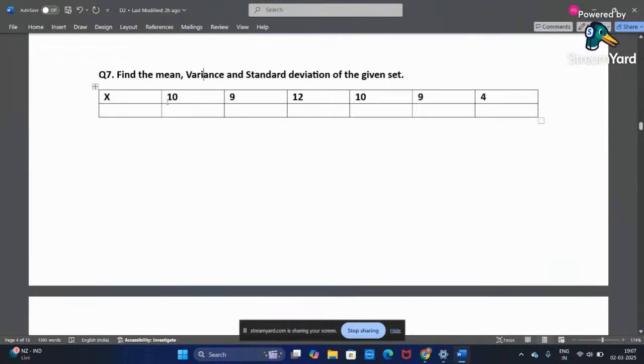How to find the mean? First we have to add all these numbers and divide by the total number of observations. What is the total of these numbers?